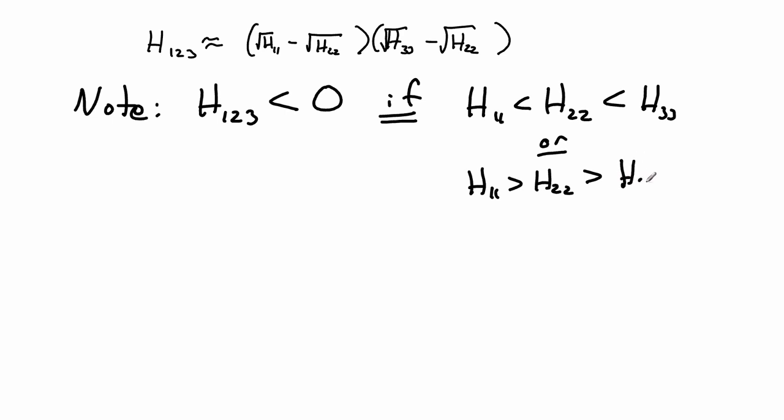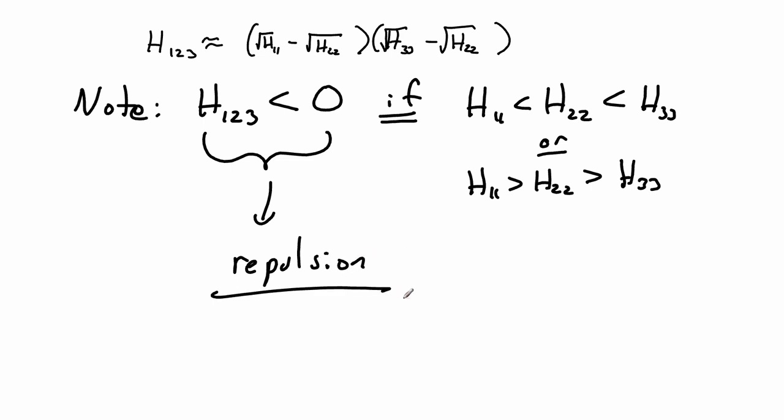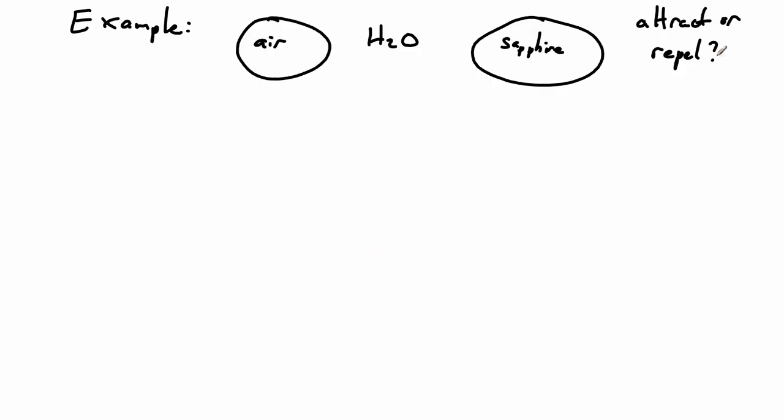So simply put, if the Hamaker constant of the solvent is intermediate between the Hamaker constants of material 1 or material 3, if it's intermediate between those two values, then this is going to end up being a negative number. And so this leads to repulsion between 1 and 3.